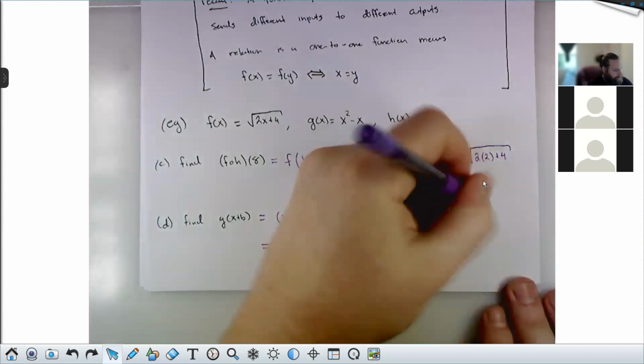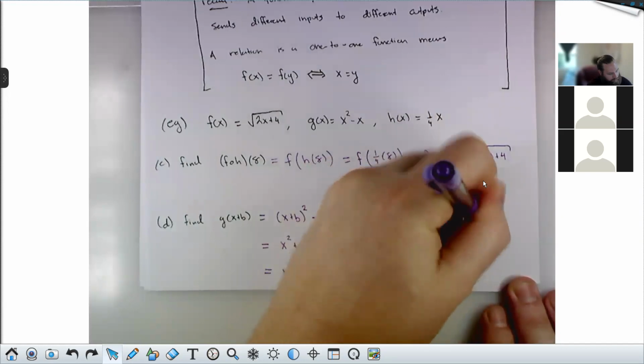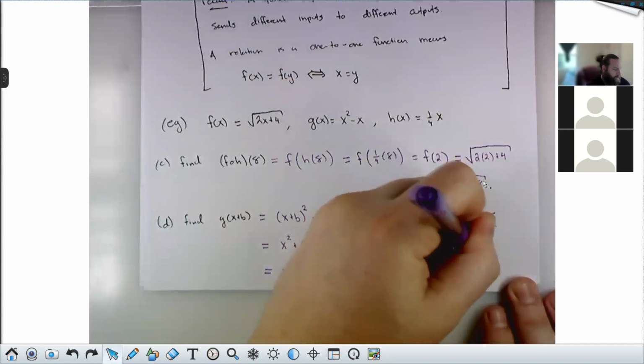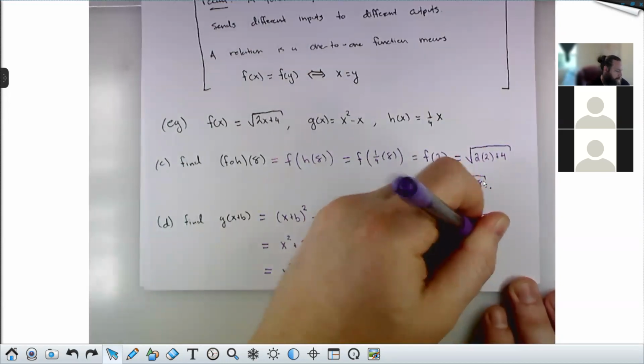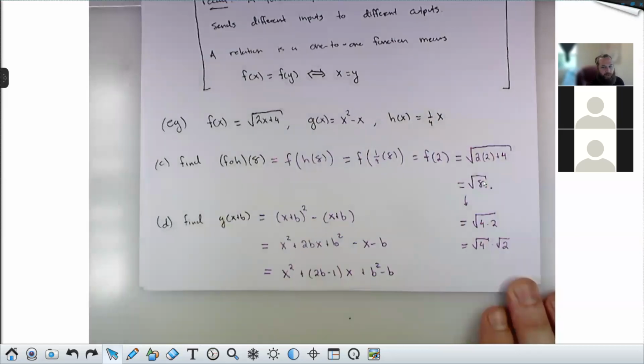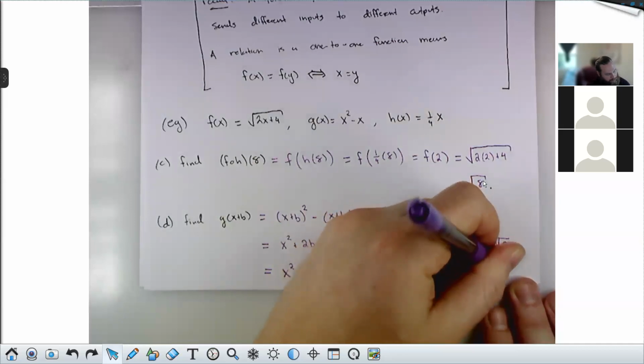We'll keep it in purple. So the square root of 8, remember that 8 is 4 times 2. And then you can give the square root to each piece. Remember when we were dealing with quadratics and we had to break up square roots like this? And then the square root of 4 is 2. So this really is 2 root 2.